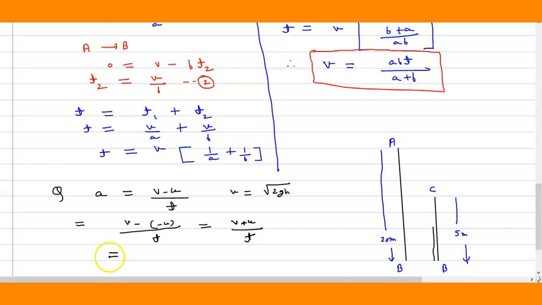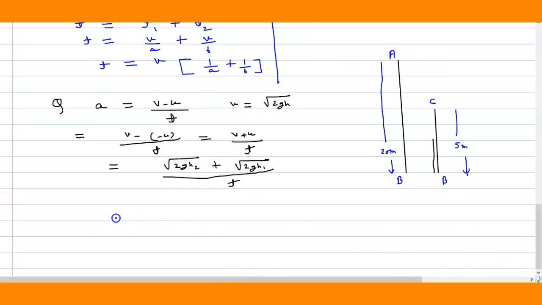Putting the values, V is equal to root 2g h2 plus root 2g h1, divided by T. Then this is root (2 into 10 into 20) plus root (2 into 10 into 5), and T is given as 0.02 second.